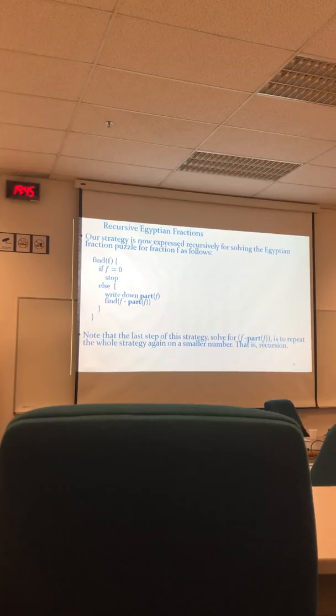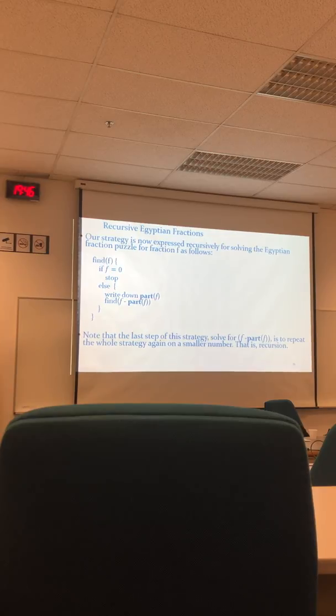After that, we find the Egyptian fraction for the remaining value. So the value gets lower and lower, and towards the end the remaining value will reach 0. Then that is the Egyptian fraction. This is the algorithm for finding Egyptian fraction, and this is the use of reduce and conquer.